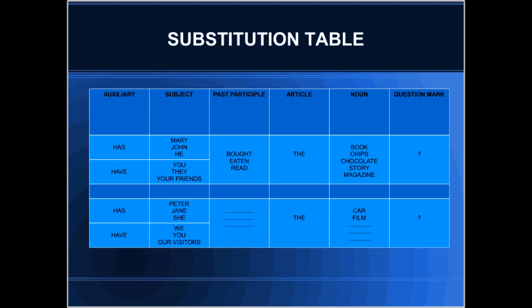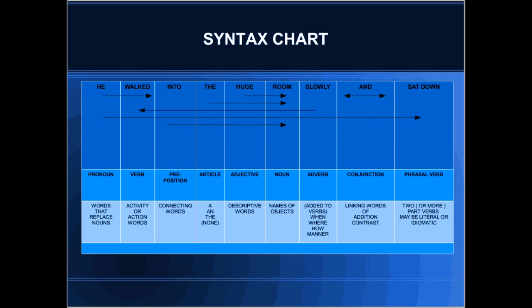So a substitution table, which we often find in lower levels of student books for elementary and pre-intermediate students. In addition to substitution tables, you should now be able to see the 6th slide, which is a syntax chart.